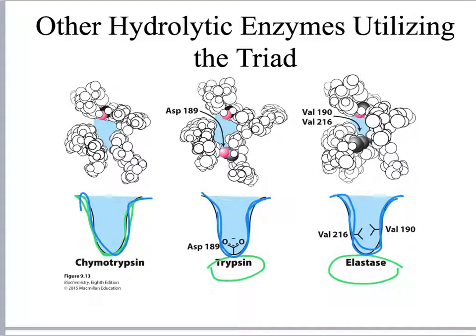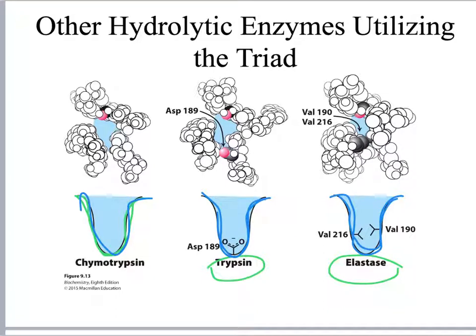Trypsin will cleave peptide bonds on the carboxyl side of lysine and arginine. That's because at the bottom of the active site of trypsin, there is an aspartate residue, and the negative charge of the aspartate will stabilize amino acids that are positively charged. Lysine and arginine are positively charged.